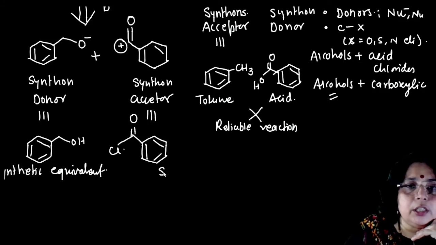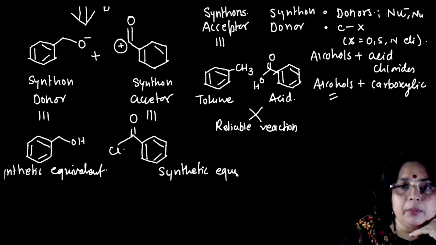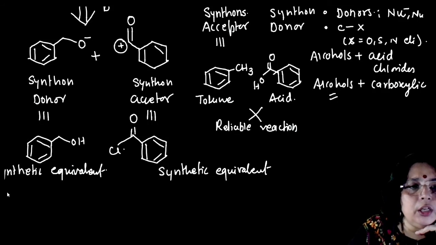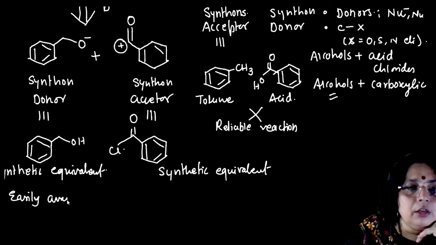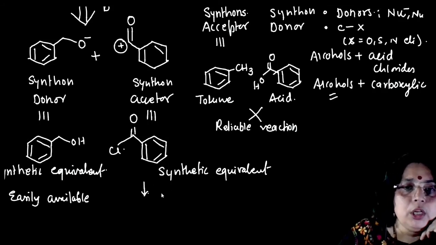This is also a synthetic equivalent. Now you know that benzyl alcohol is easily available in the market. So this synthetic equivalent is easily available, and also benzoyl chloride is easily available.